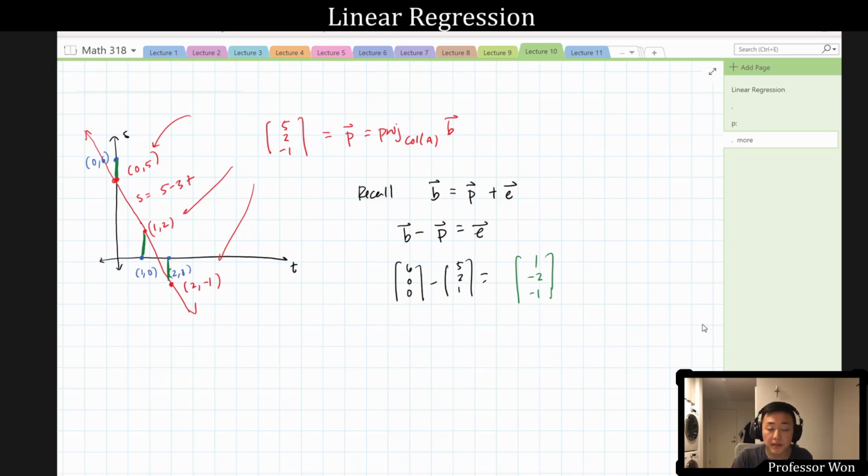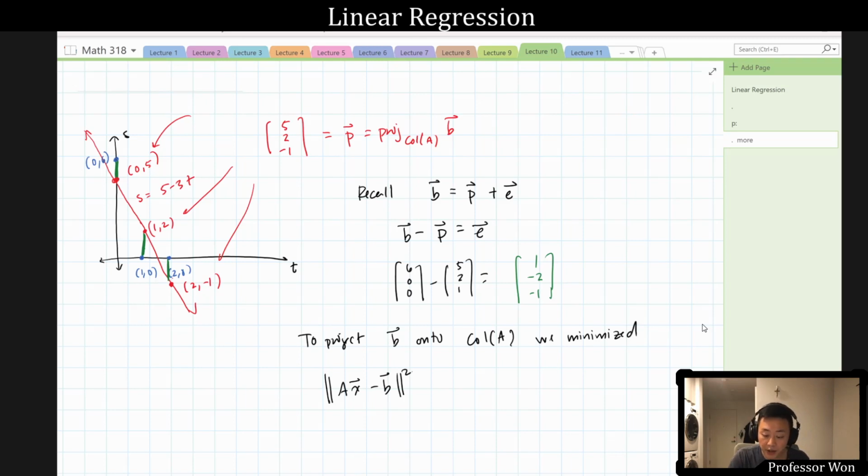And when we developed this idea of projection, what we did was to project b onto the column space of A, we minimized this thing, the magnitude of Ax minus b, squared.